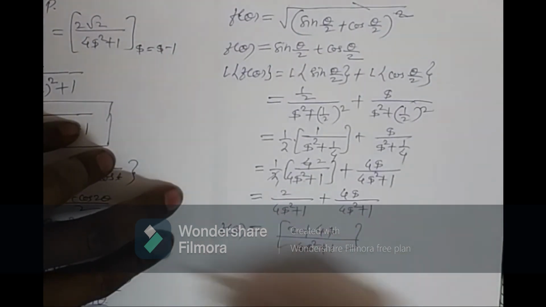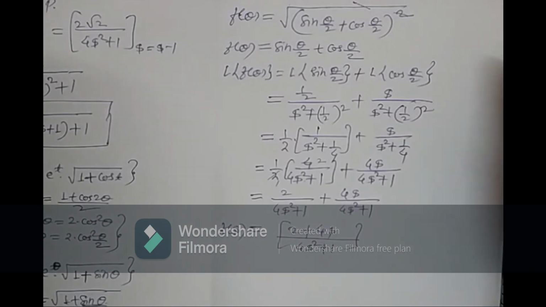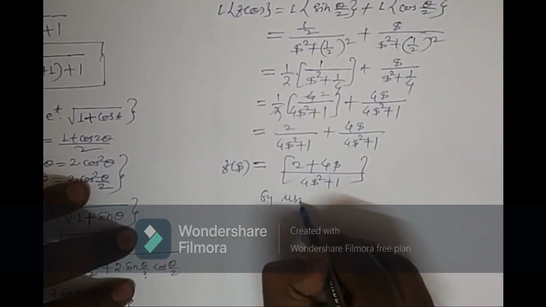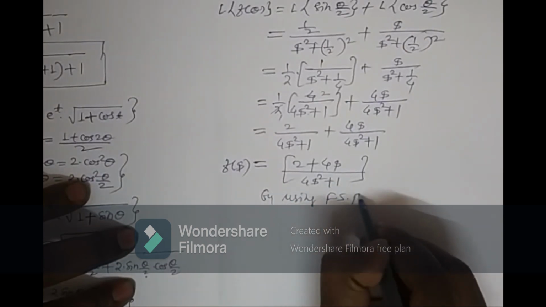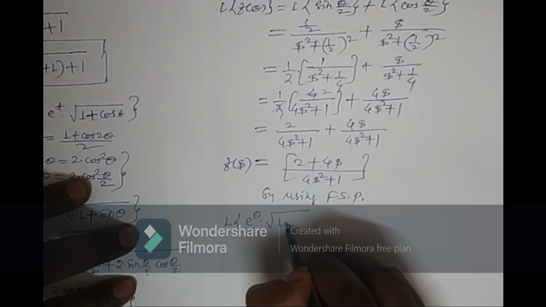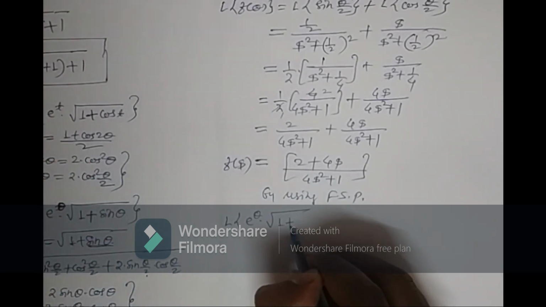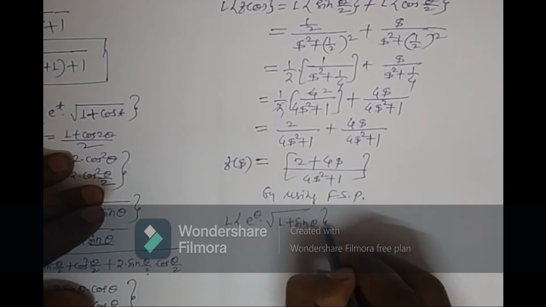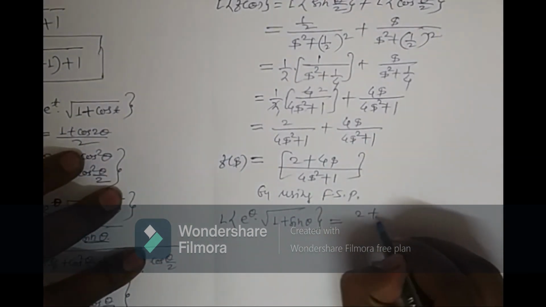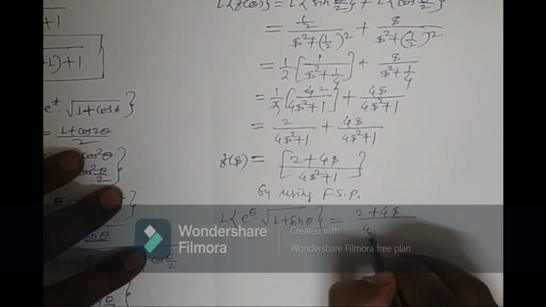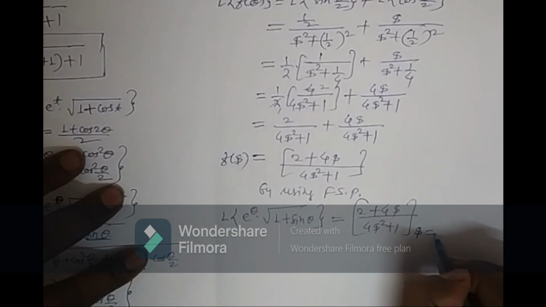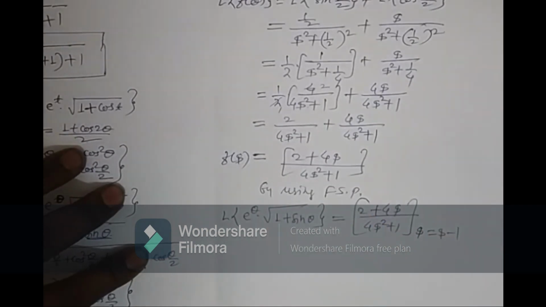Now this is the value of F of s. But we have to use the first shifting property after that. So by using the first shifting property, the Laplace transform of e raised to theta under root 1 plus sin theta can be written as, we have just calculated F of s, 2 plus 4s upon 4s square plus 1, at s equal to s minus 1.